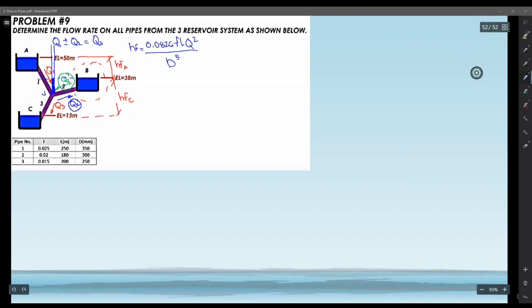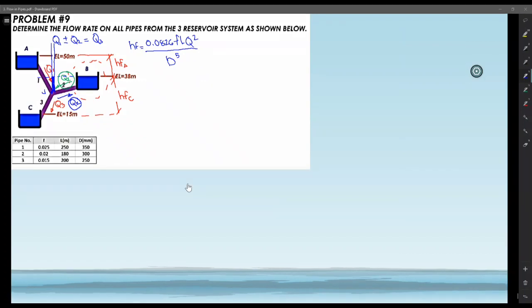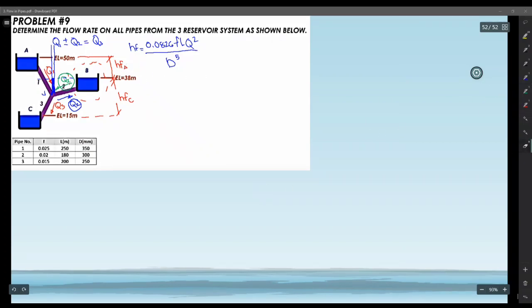Okay, so tingnan natin. Kung makikita nyo dito guys, itong head loss of A, yan. So, ma-compute mo yan.